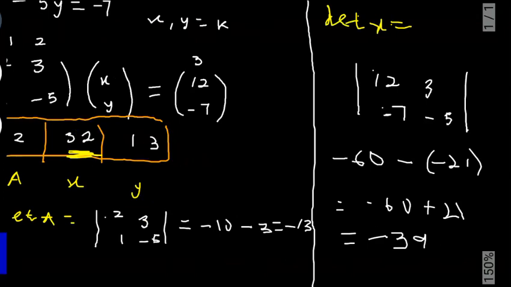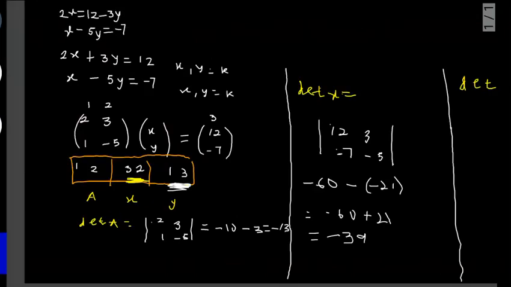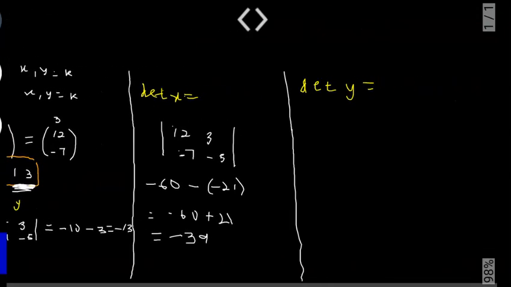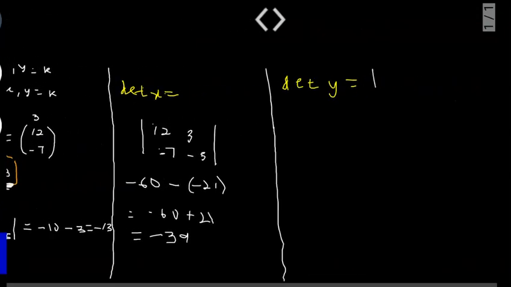Our determinant Y now, according to the pattern here, is columns 1 and 3. So column 1 and column 3: 2, 1, then 12, -7.